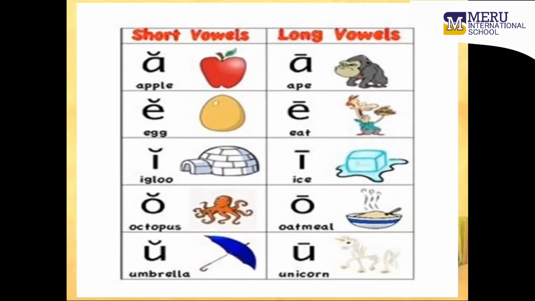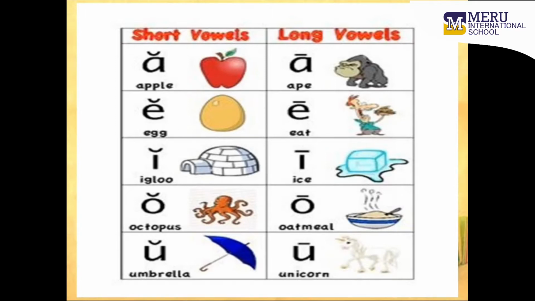Let's see a few examples of short vowels and long vowels. A as in apple, whereas for long vowel, a as in ape. E as in egg is the short vowel sound, and E as in eat is long. You can see the vowels are giving their sound in short vowels and their name in long vowels.